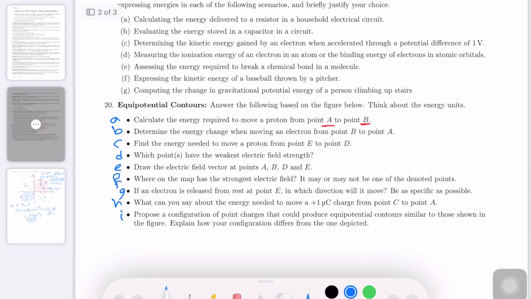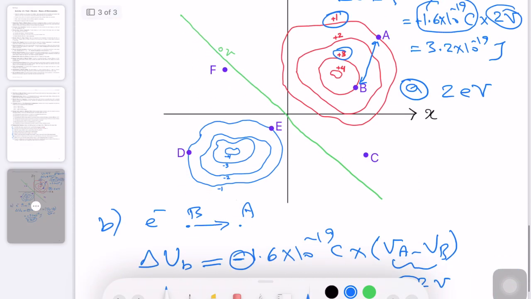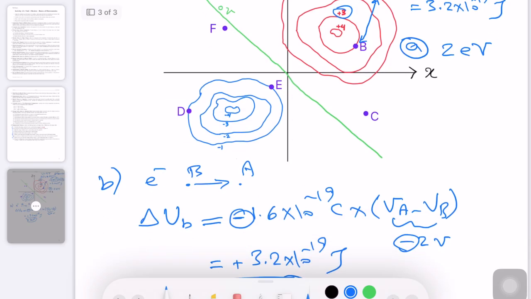Now, the next question, part C, says find the energy needed to move a proton from point E to D. Make sure to pause the video before looking at the solution. So, if you're going from D to E or E to D, doesn't matter. You are moving on the same contour, basically. Now, you could be moving outside of the contour. It doesn't make a difference because electrostatic force, electric force is conservative.